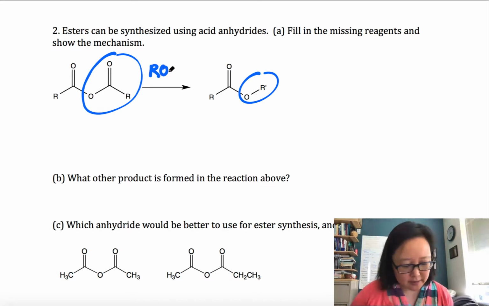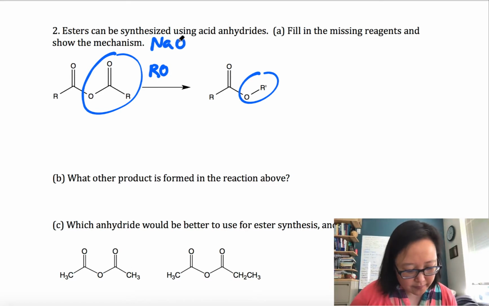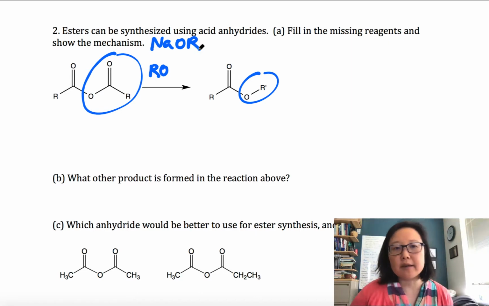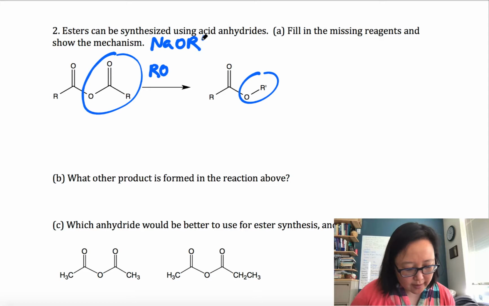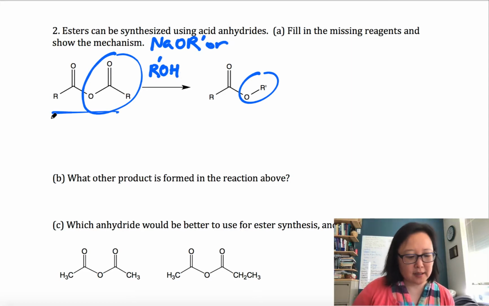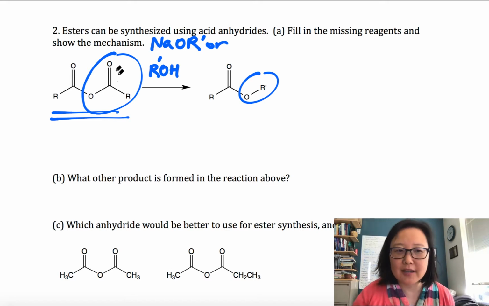So you can go one of two ways. You can either do sodium alkoxide, so sodium methoxide, ethoxide, whatever that R group is, or you can make this into an alcohol. And because this is so reactive, because this is such a good leaving group, this will react just fine. You don't have to have it already negatively charged.